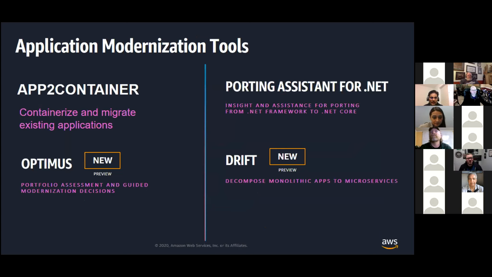App to Container, I showed you two of them. We have two others. Drift is another service, right now in preview. Basically, you can share a .NET assembly. It will identify the list of types inside that assembly, and then it gives you the ability to modernize them.